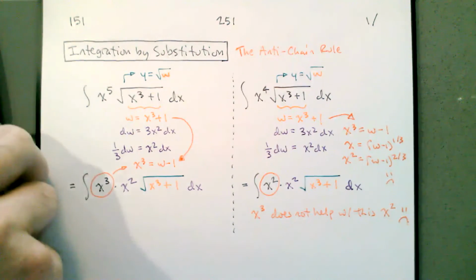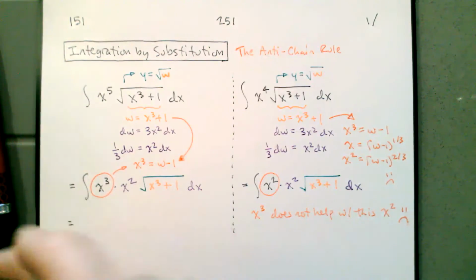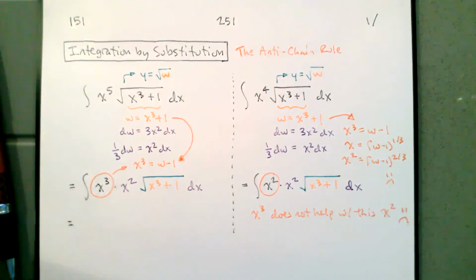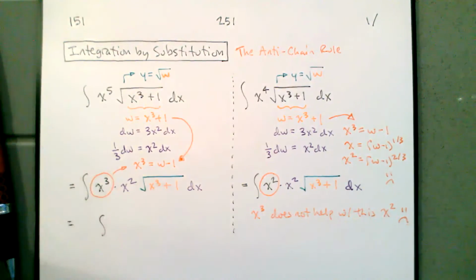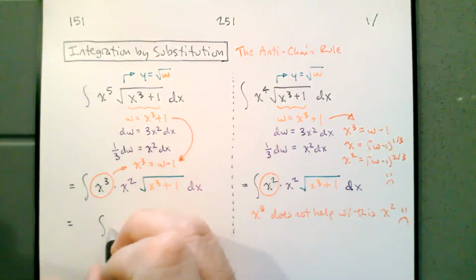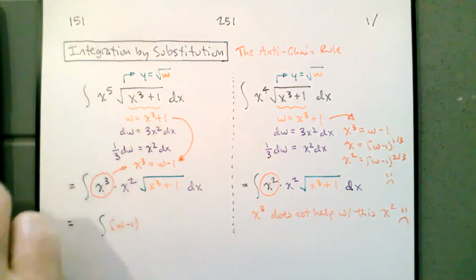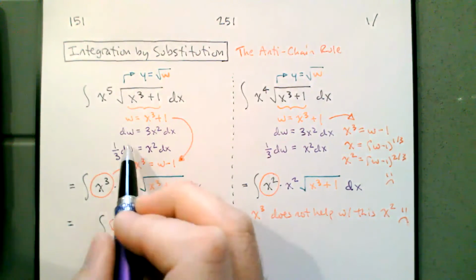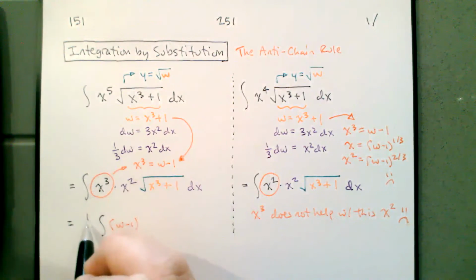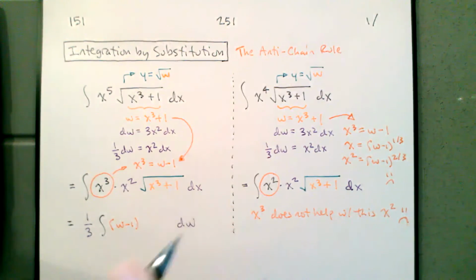Over on the left, this x cubed is going to be replaced with a w minus 1. So I have an integral, x cubed is the w minus 1. X squared times dx gets replaced with 1/3 dw. The square root is just the square root.